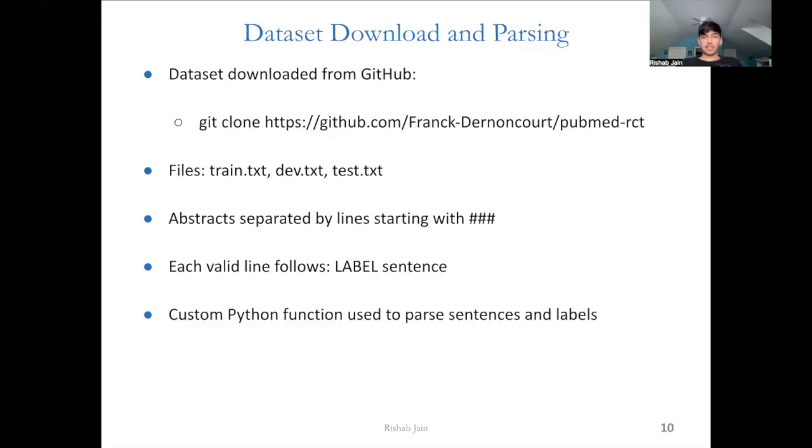And for the parsing, I started by separating abstracts by lines starting with 3 hashtags. And then each valid line had the following sequence of label and then sentence. And then I created a custom Python function to parse sentences and labels.